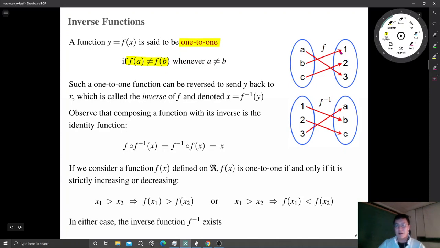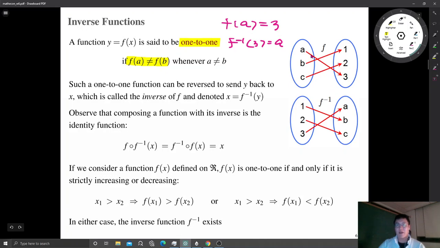The original function was f of a equals 3, so the inverse function of 3 becomes a. The inverse f associates number 1 to letter b, because b was associated to number 1 in the original function f, so f inverse of 1 leads us to letter b.